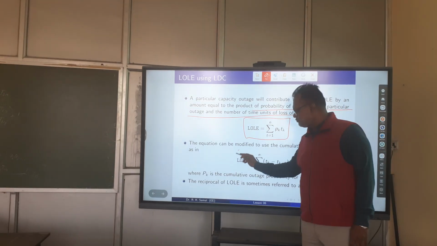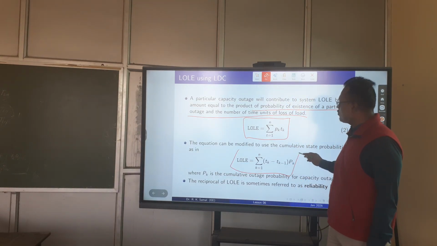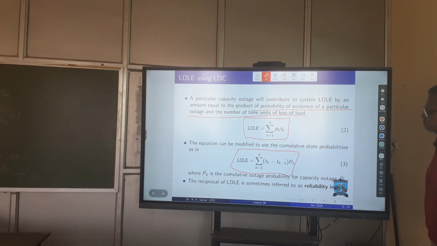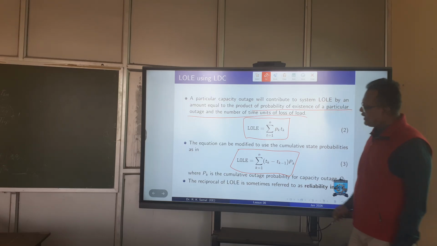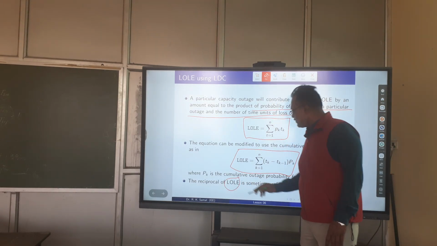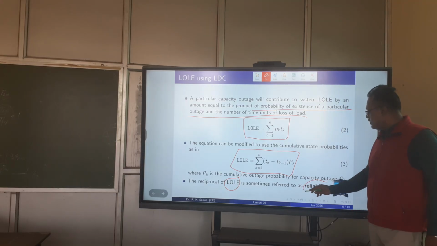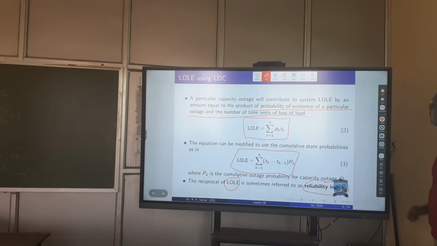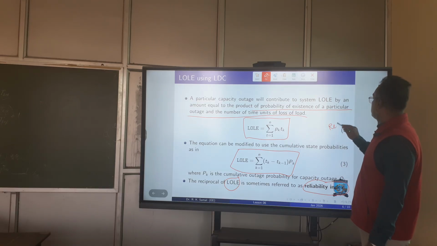And this is using cumulative probabilities. So write these two. The reciprocal of LOLE is sometimes referred to as the reliability index.